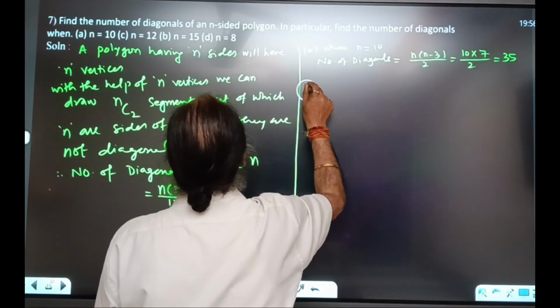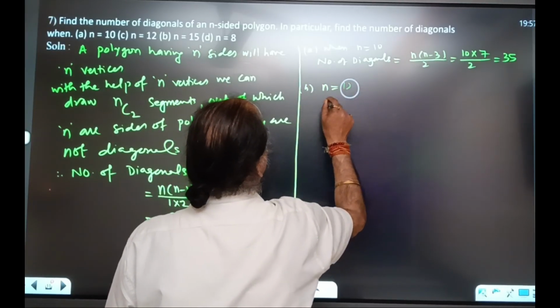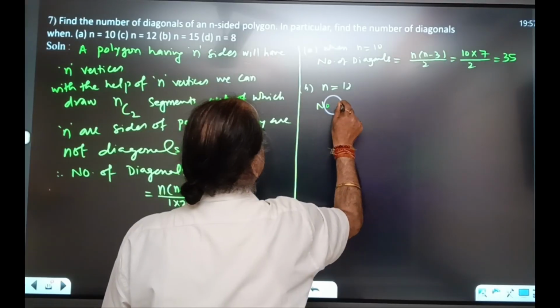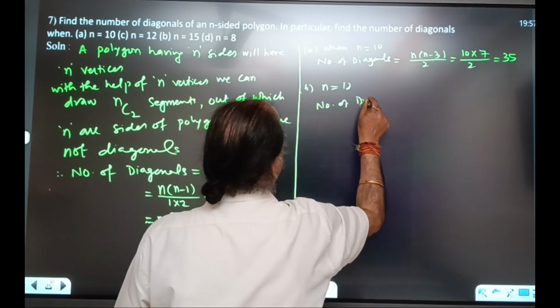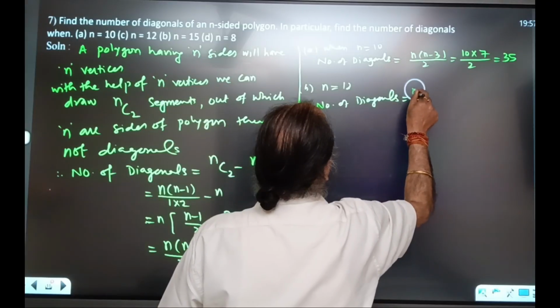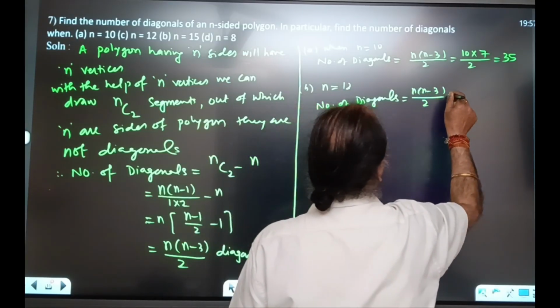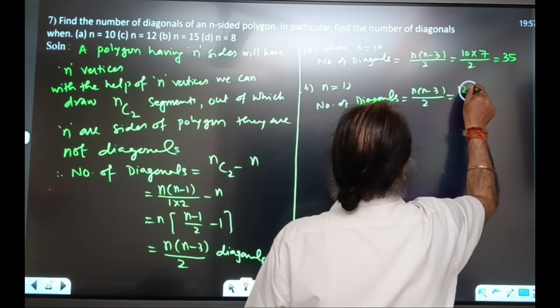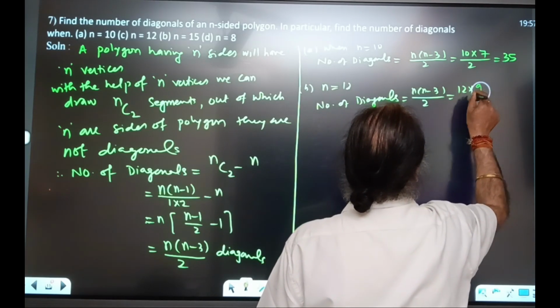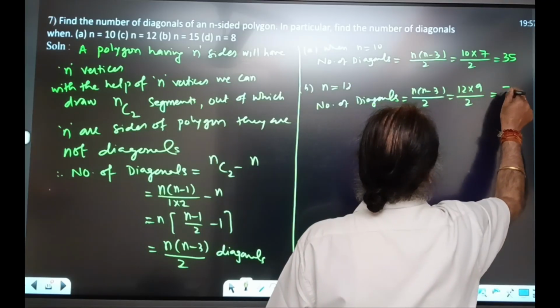Second is n equal to 12. The number of diagonals will be n into n minus 3 upon 2. 12 into 12 minus 3, which is 9, upon 2. 6 nines are 54.